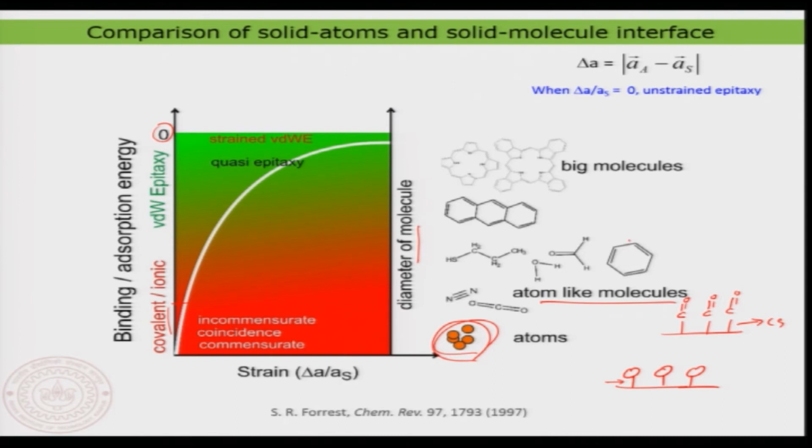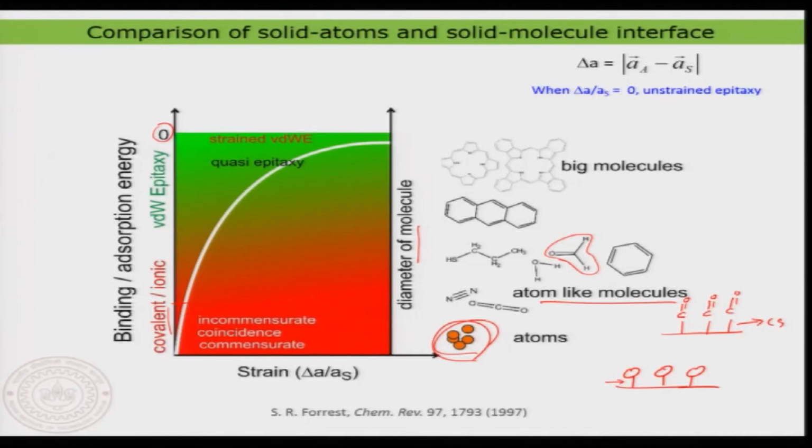So, for a benzene molecule, the hexagonal area itself is the diameter of the molecule, and for a molecule like this, it is a bit hard to say, depending on whether the molecule lies like this or stands up and so on. But roughly, we can say the area of contact of the molecule is what we call the diameter. And that is quite important when it comes to bigger molecules.